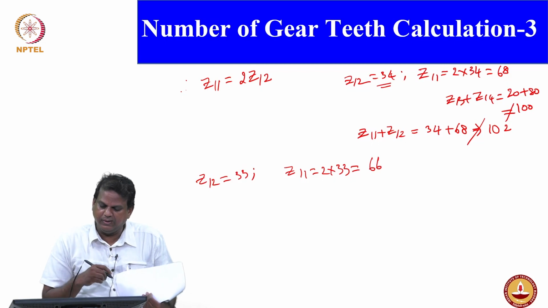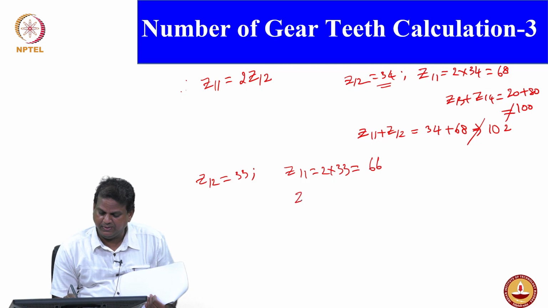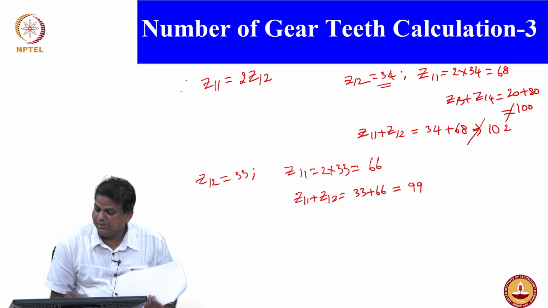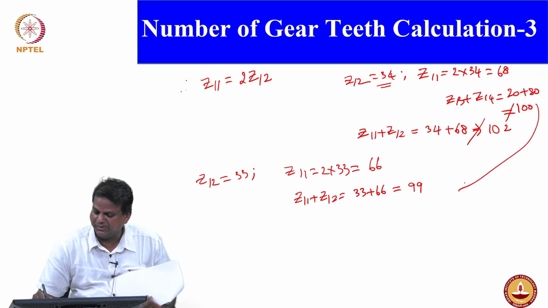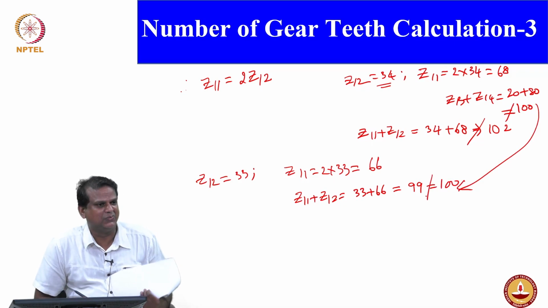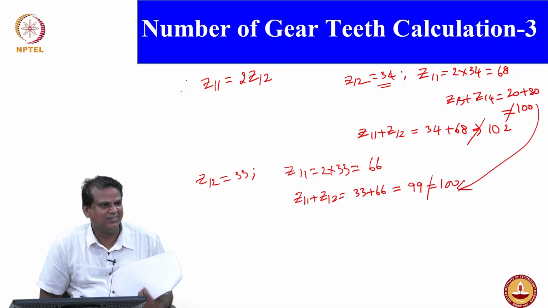But earlier, Z11 plus Z12, 33 plus 66, should give 99, whereas the calculation we got was 100. If you look at this, they are not equal. So how are we going to do that?